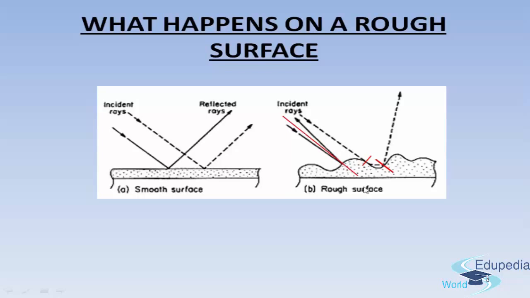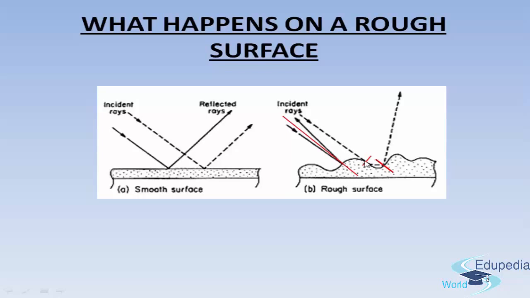The normal will be like this. Then the incident ray and the reflected ray, both these rays will form an equal angle with the normal, right? So the angle of incidence and the angle of reflection will always be the same with respect to this normal.